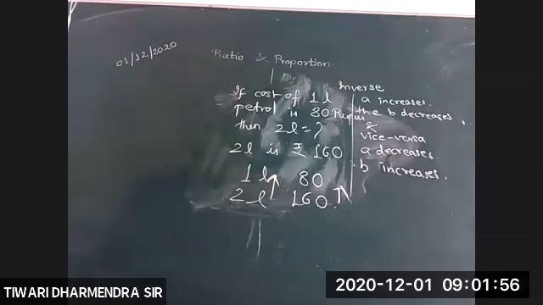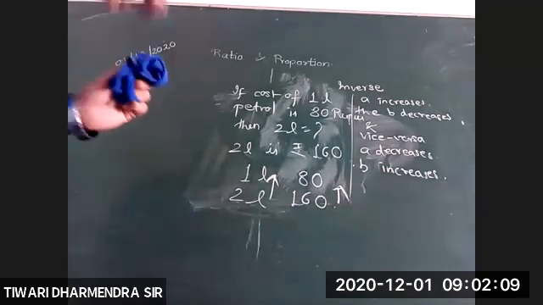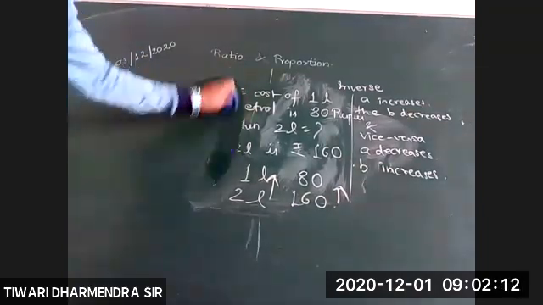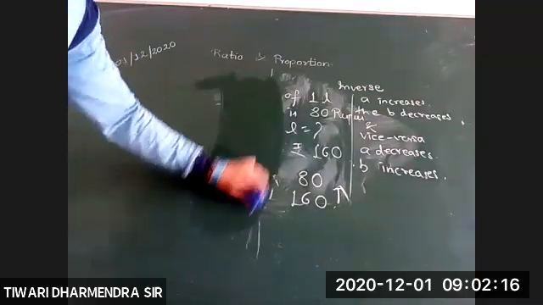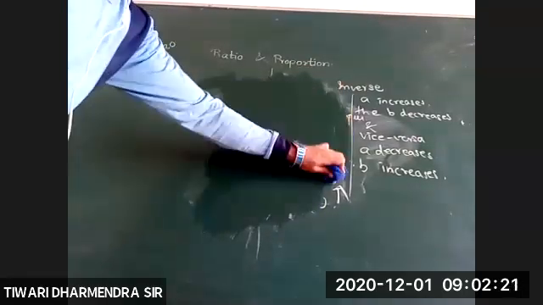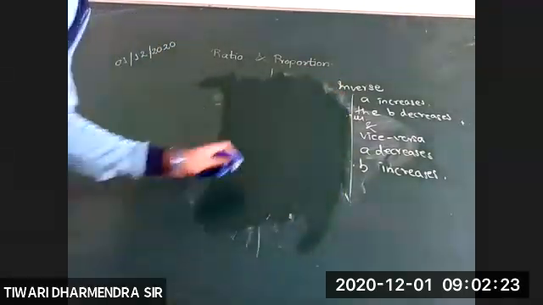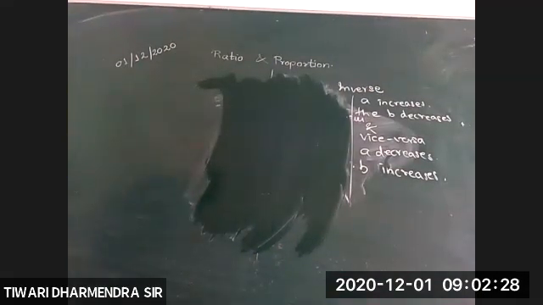So from here we understood the example of direct proportion, and now we'll see an example of inverse proportion. These are day-to-day life examples where you can understand how direct proportion and inverse proportion come into existence.